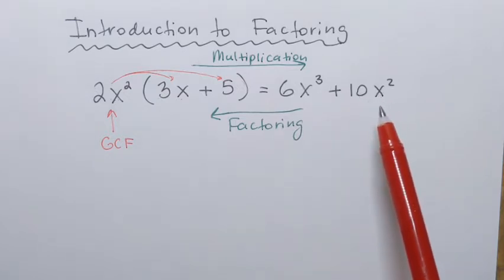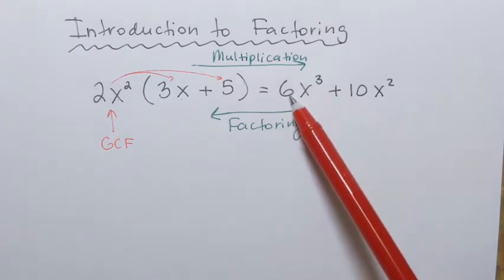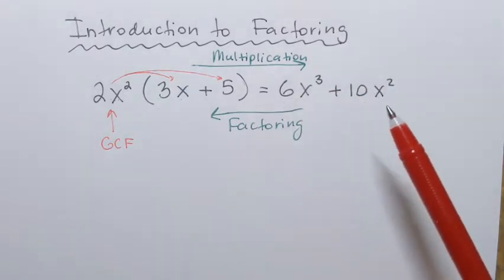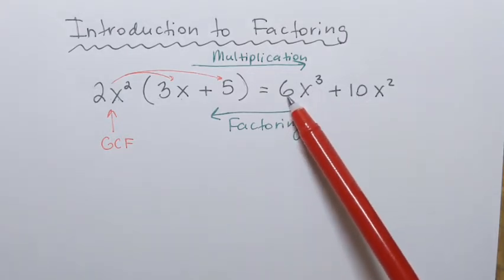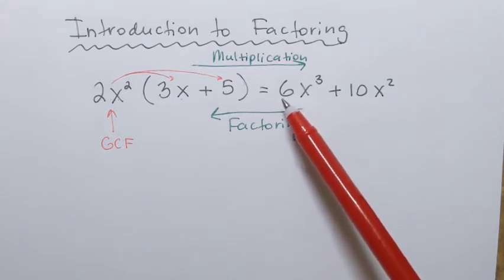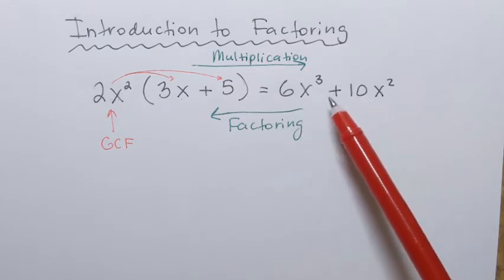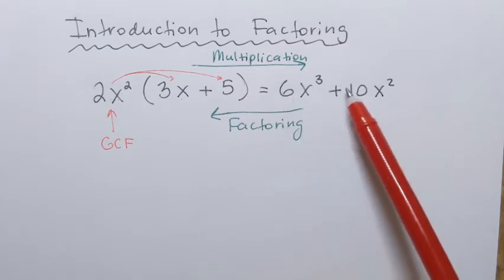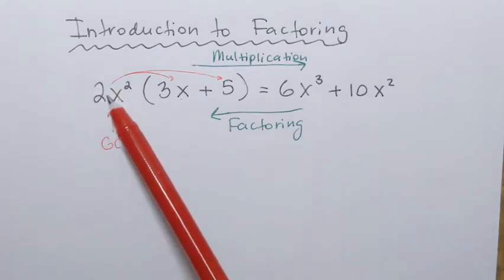Let's check that. Remember, when we have to find the GCF for two or more expressions, first let's focus on the numbers. So we have 6 and 10. The GCF is going to have a numerical part if we can find the largest number that divides 6 and 10. Well, the largest number that divides 6 and 10 is 2, right? And here it is, that's 2.